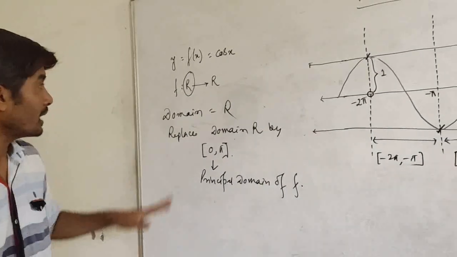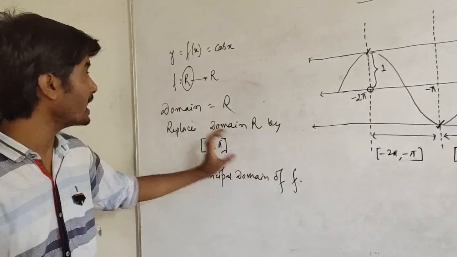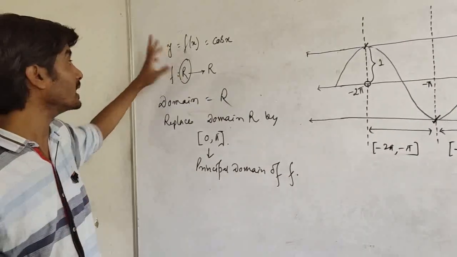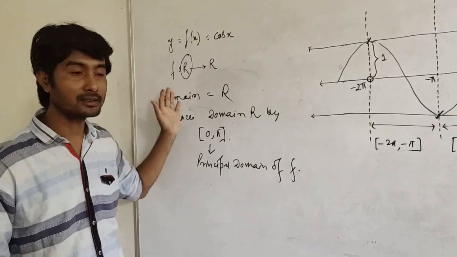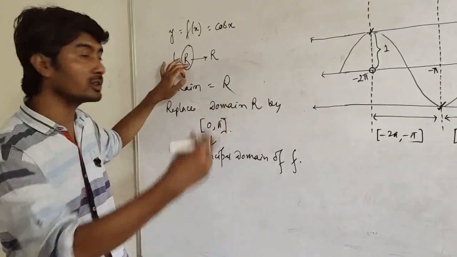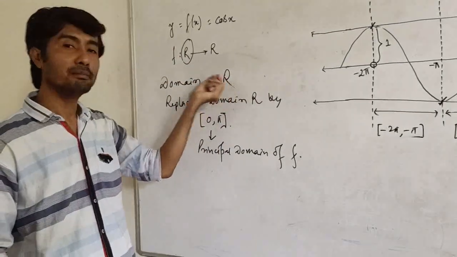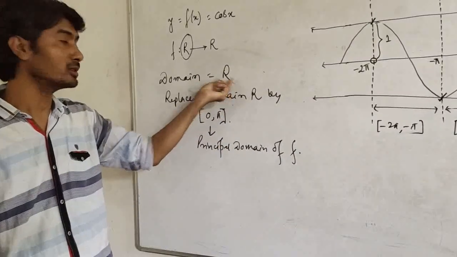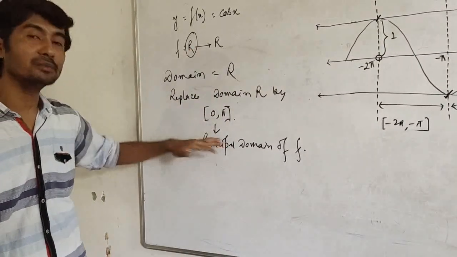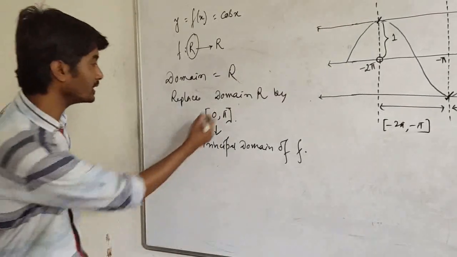I have modified the domain. Originally the domain is R but I want to make this function 1-1, so how will I do so? I will replace this domain by a subset of this domain, which is the closed interval 0 to π, so that the function becomes a 1-1 function.